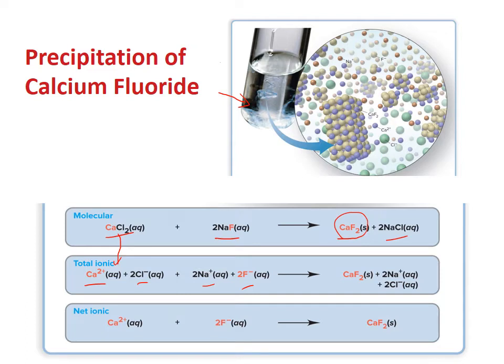In this case, calcium ion and fluoride ion recombine and form solid calcium fluoride. Chloride and sodium, these two are spectator ions. They are unchanged between before and after the reaction. So the net ionic reaction is calcium ion and fluoride ion forming calcium fluoride.